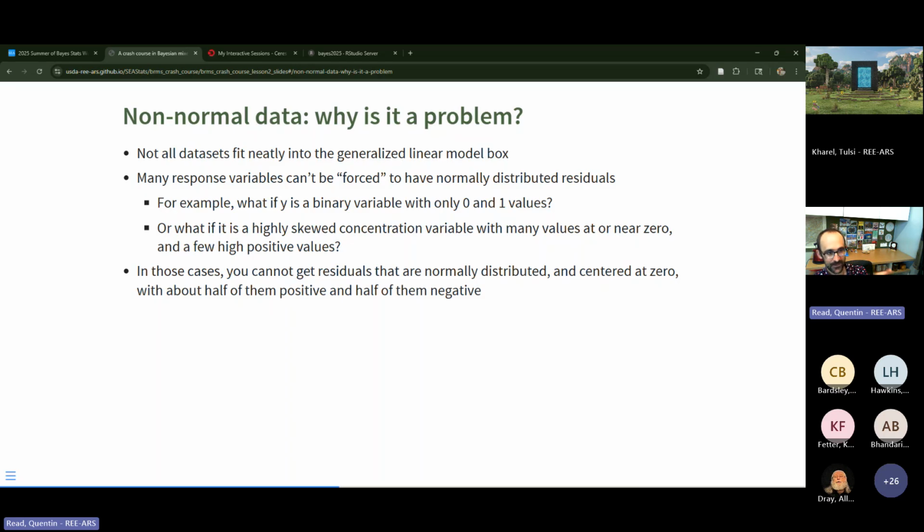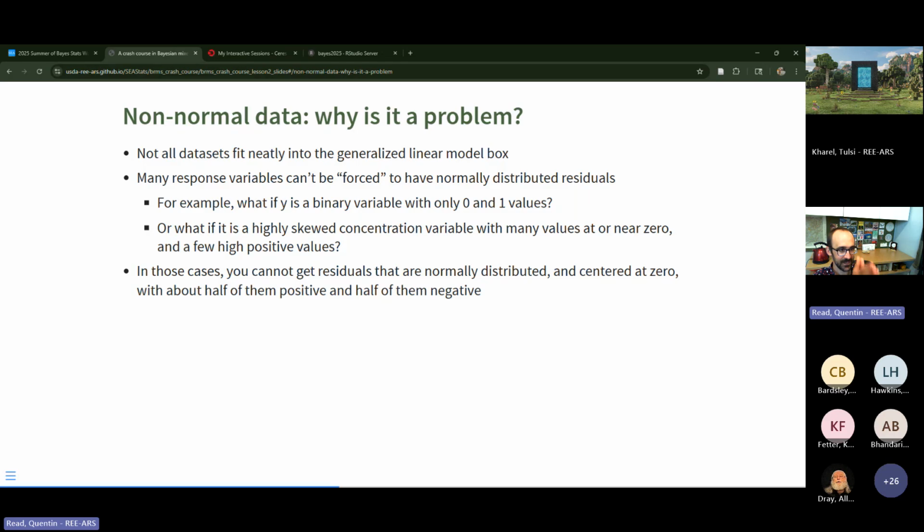Or what if it's a very skewed distribution, like a concentration of an element that has a lot of values close to zero and a few positive values, but it can't be negative, right? Well, if you fit the model we just showed, you're not going to have normally distributed error.